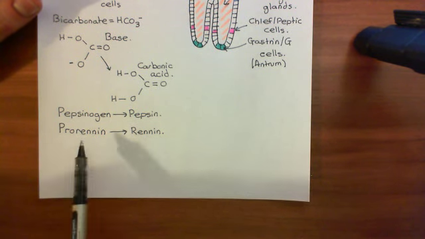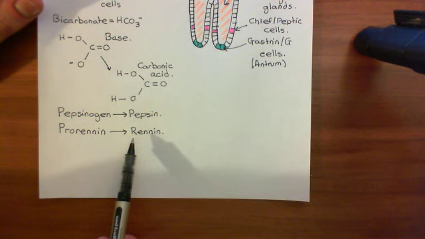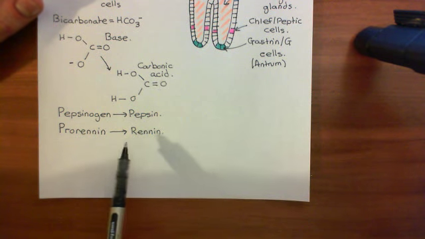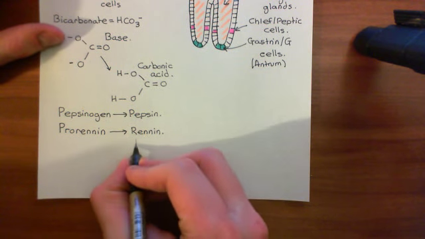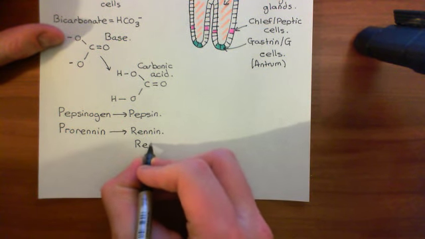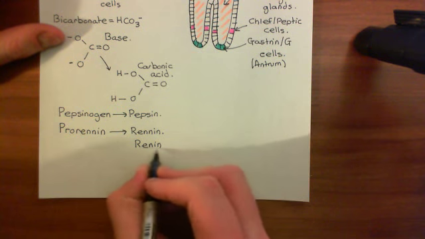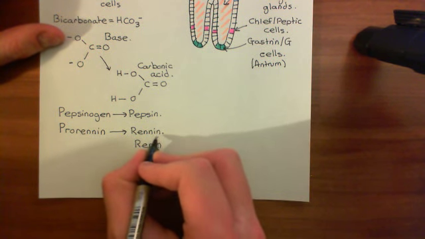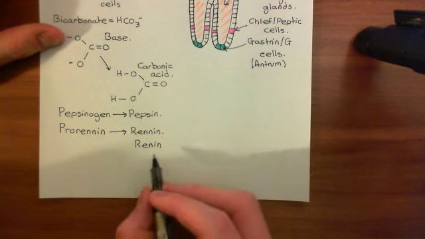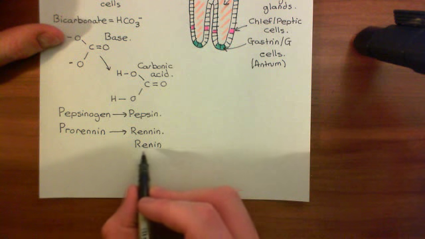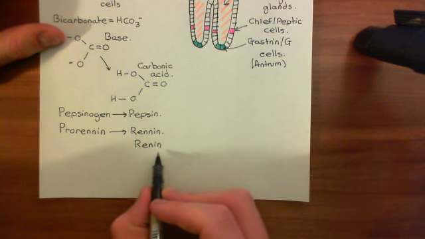Okay, the other thing you might be thinking of is, isn't this part of regulating body fluid volume? No, is the answer. That is renin. Now, really, this should be pronounced rennin to distinguish it from renin, which has the single N here and the double N here, but people often pronounce them the same.